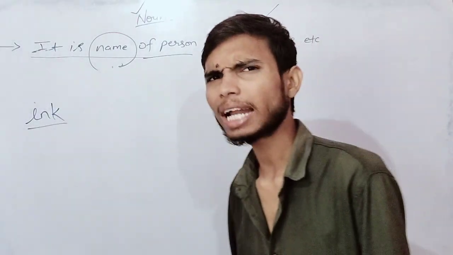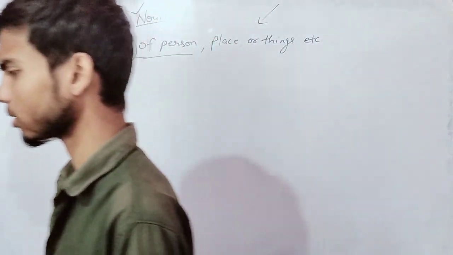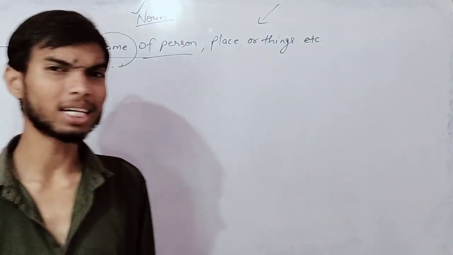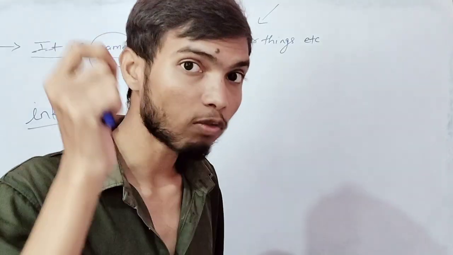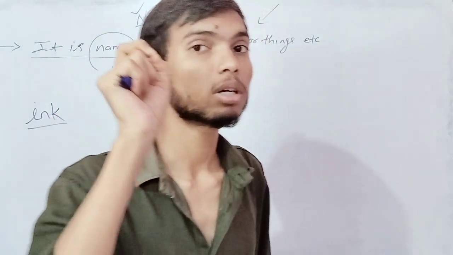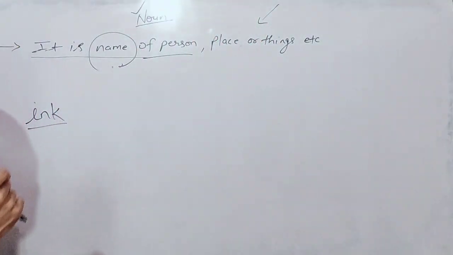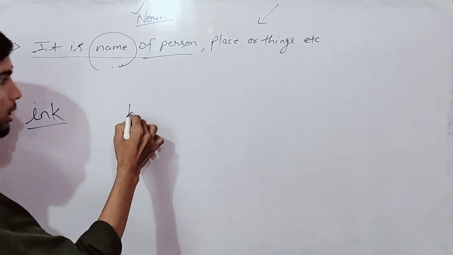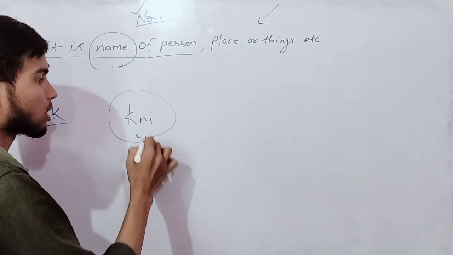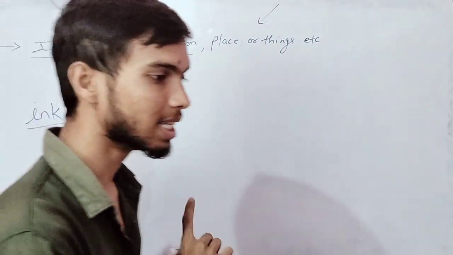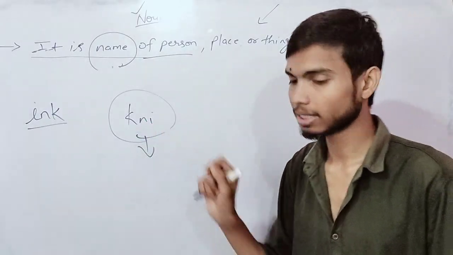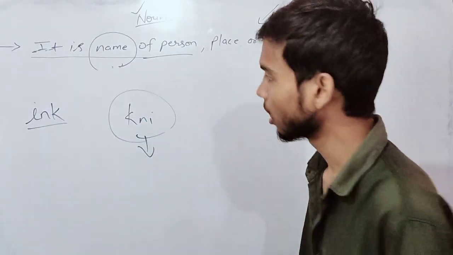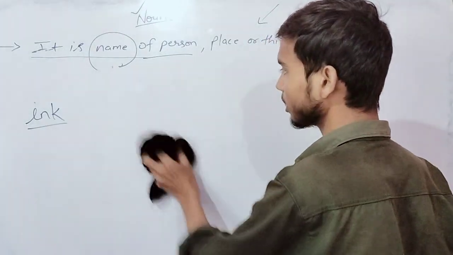You can take random letters, but the second condition is that the collection of those letters should provide meaning. You can write also K N I, but this is not giving meaning. That's why it is not a word. Clear?